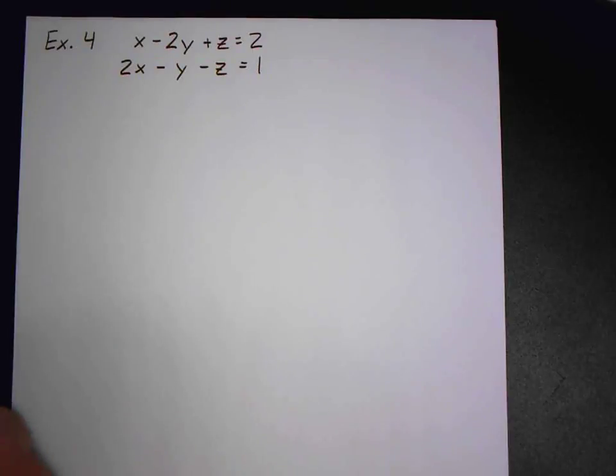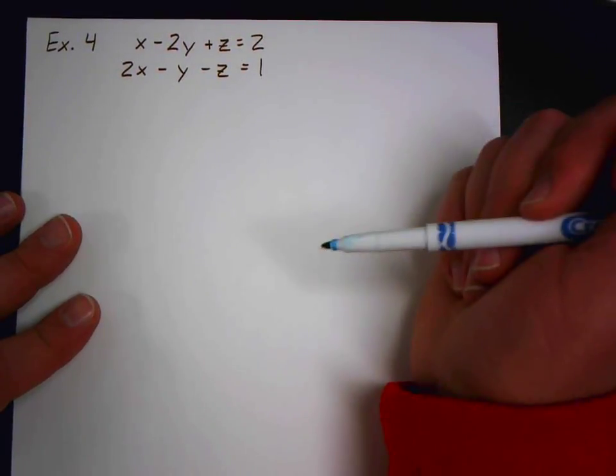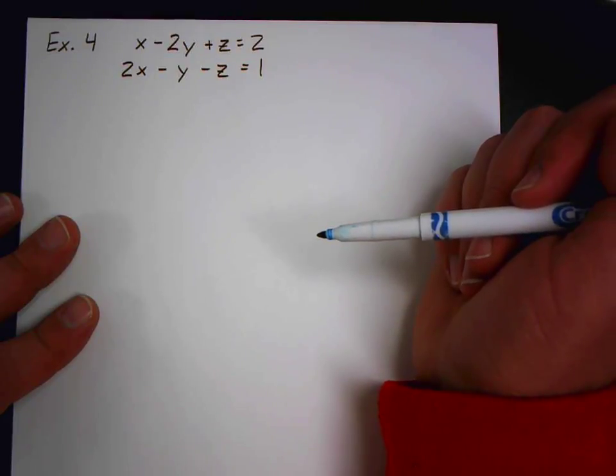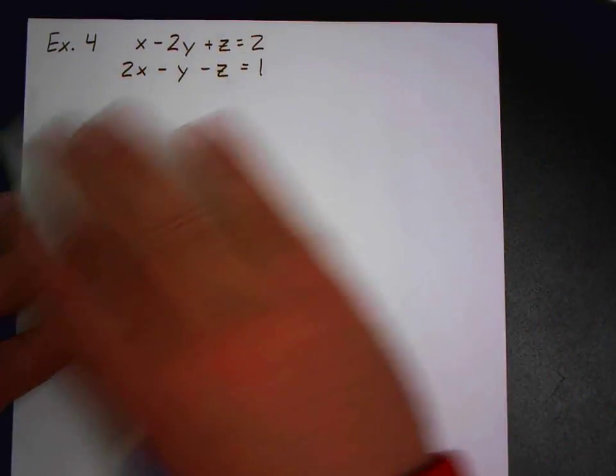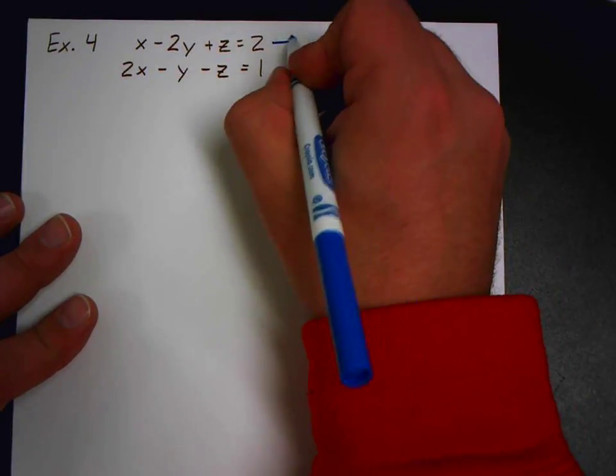So if you have something that looks like this, you start by getting rid of one of your variables, because we immediately know this has infinitely many solutions. There's no way this can be solved. So we start by getting rid of one of our variables.